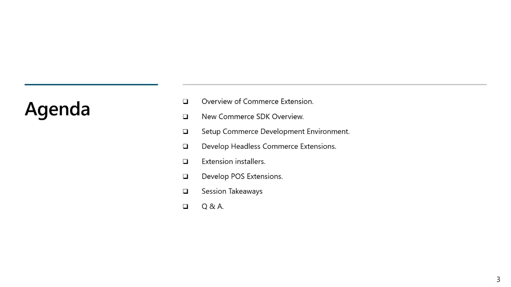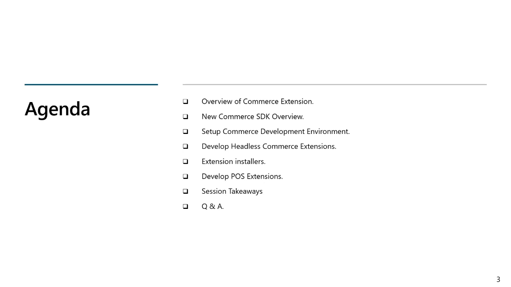So I'll quickly go over the agenda for today's session. First, I will give a quick overview of the commerce extension, talk about what is extensible in commerce and what are the components you will customize for different scenarios. Then we'll go over the new SDK, what it is all about and what the difference is when compared with the previous retail SDK.